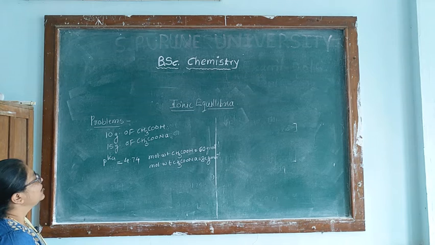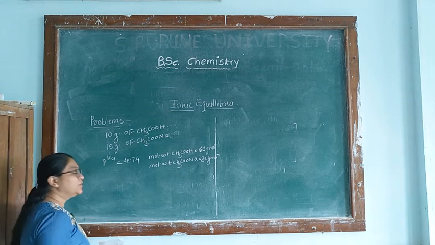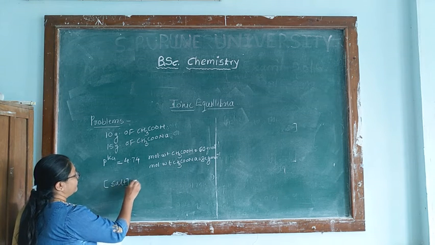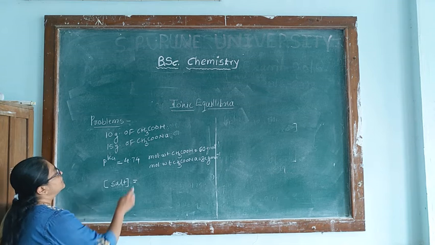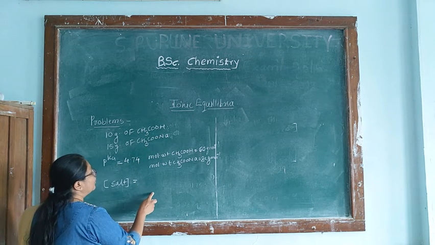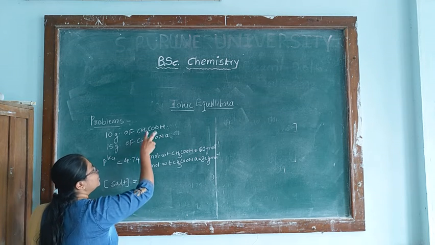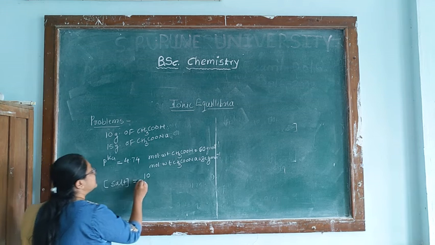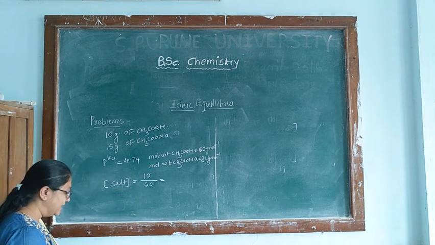Therefore, first we will have to calculate their concentrations. To calculate the concentration, we take the weight of the acid per liter divided by its molecular weight. So 10 gram, this solution is made to 1000 ml. That means in 1 liter, the acid present is 10 gram divided by its molecular weight.